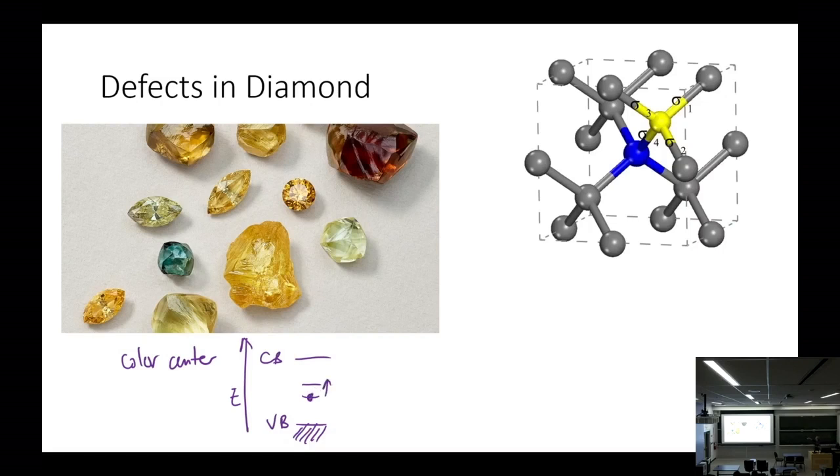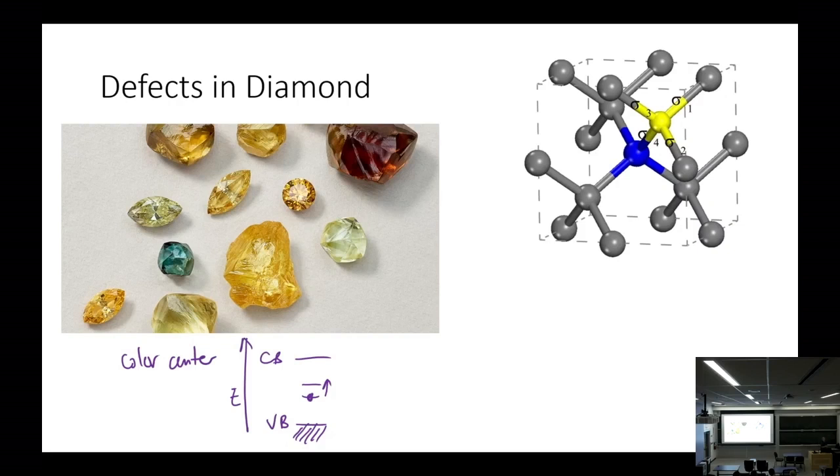So all of the colored diamonds that you may have seen in real life or in pictures come from different defects being in the diamond lattice. And there's hundreds or even thousands of different defects that have been identified to date in diamonds. And as the importance of this platform in quantum information has become more evident, people are trying to discover even more. So there's lots of theoretical defects, and people are just figuring out how to make them.